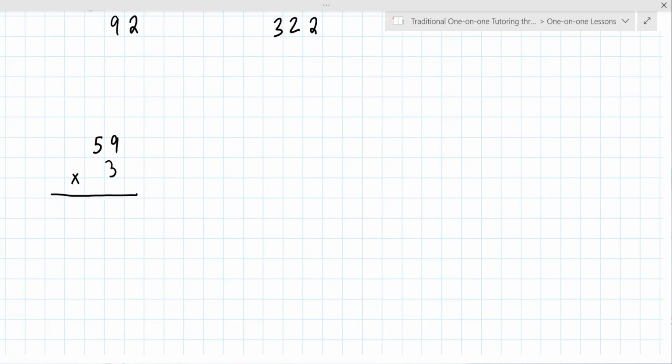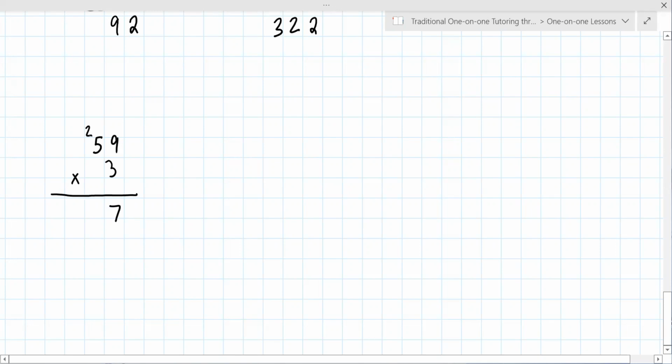Put the 7 on the bottom and then the 2 on the top? That's right. And then you take the 3 and multiply it by the 5.